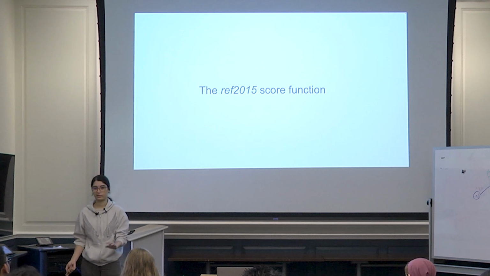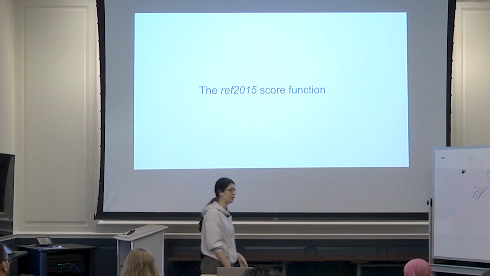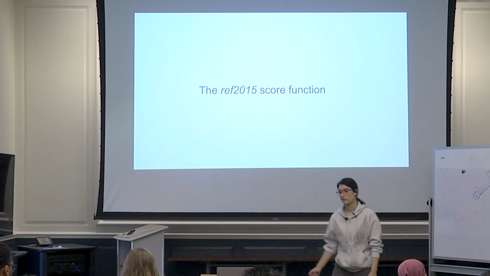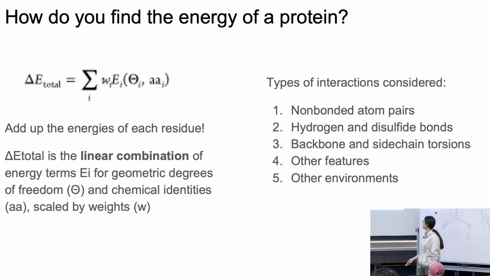So let's go back to our general idea and our general score function that we can use and talk about Ref 15. There are going to be multiple interactions and different types of energies that we consider for each residue position.